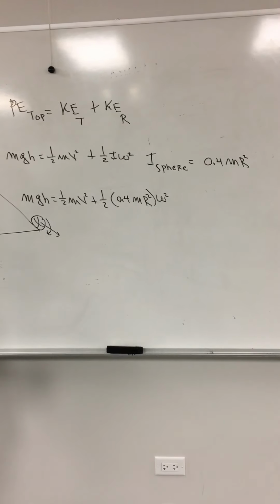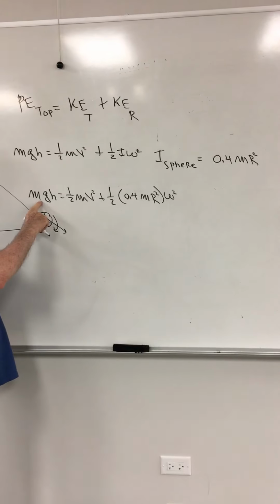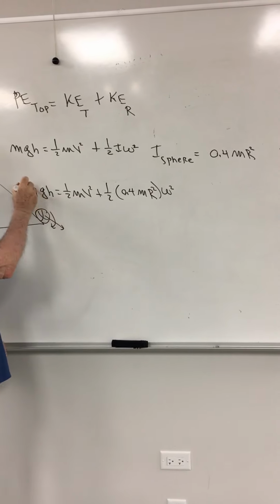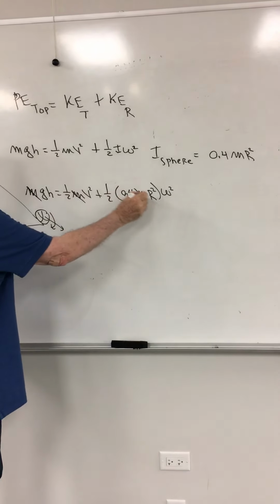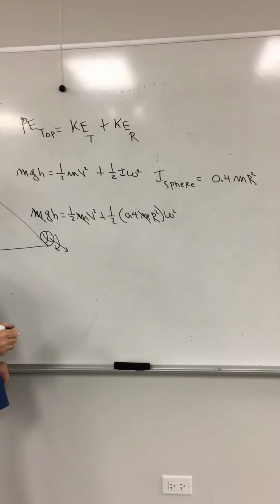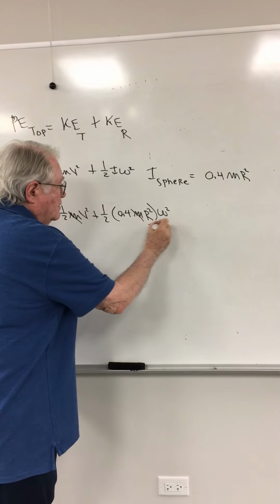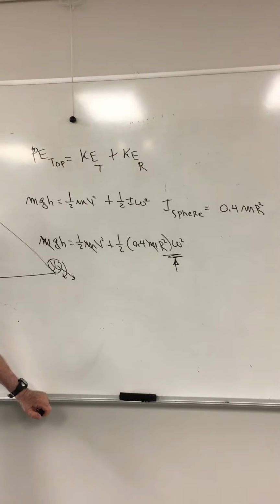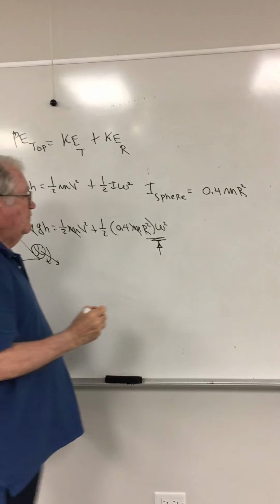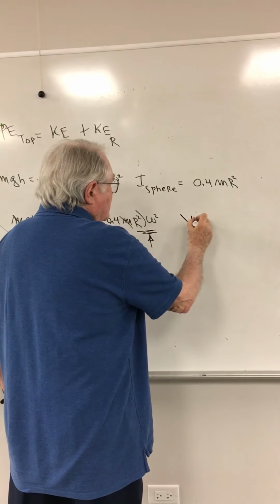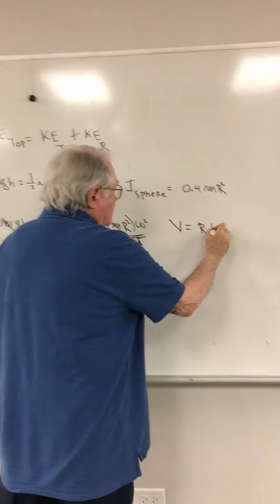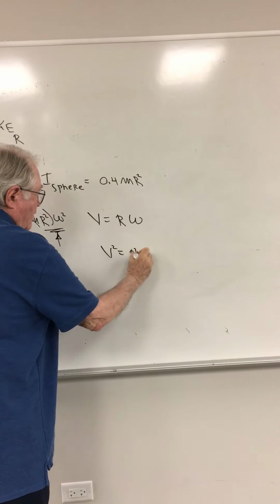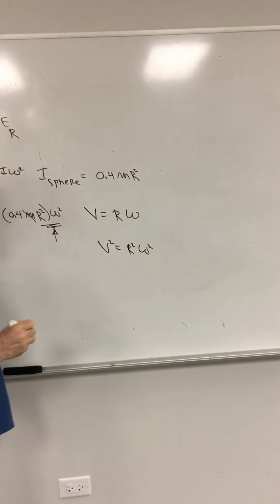Now, if you notice what happens here, m is in each term, so I can divide each term by m, and that will cancel out. And then you look over here and say, there's an old friend from earlier: v is equal to R omega, which means that v squared is equal to R squared omega squared.